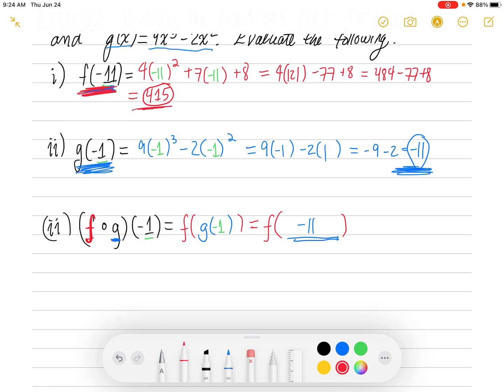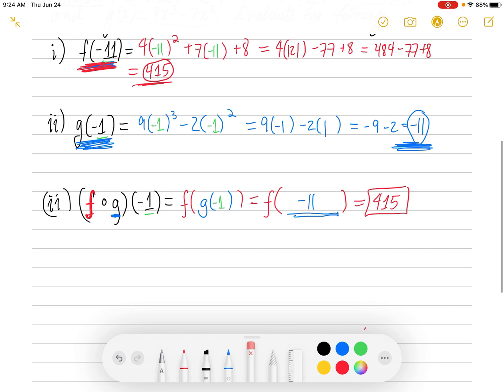Well, we already found that out back here, right? We already know what f of negative 11 is. It's 415. So our answer here is going to be 415. So the input into this composite function is -1, and the output is 415.